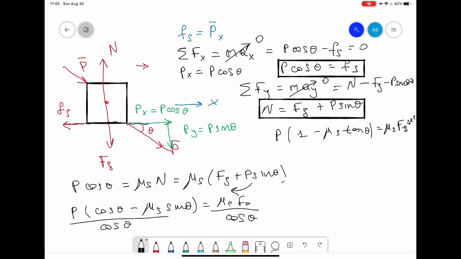So finally we can say that P is equal to mu s Fg sec theta, divided by 1 minus mu s tangent theta.